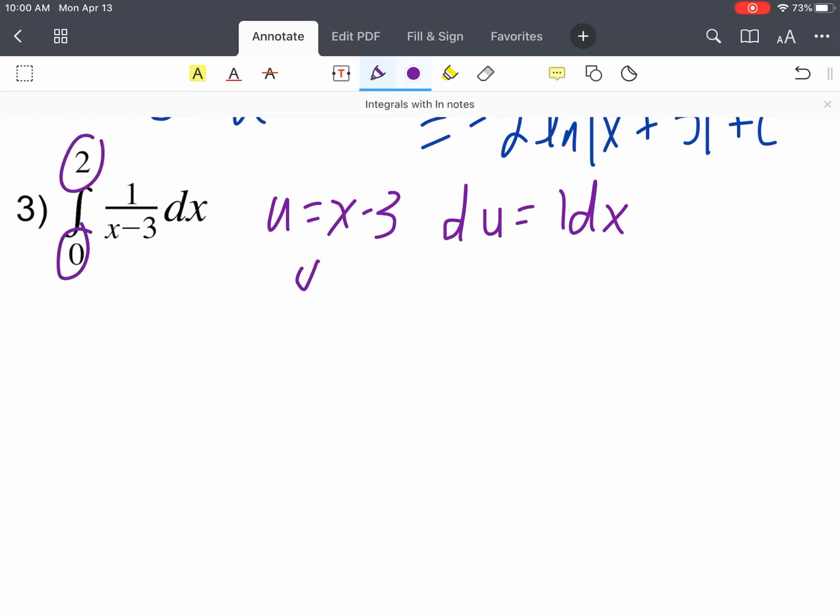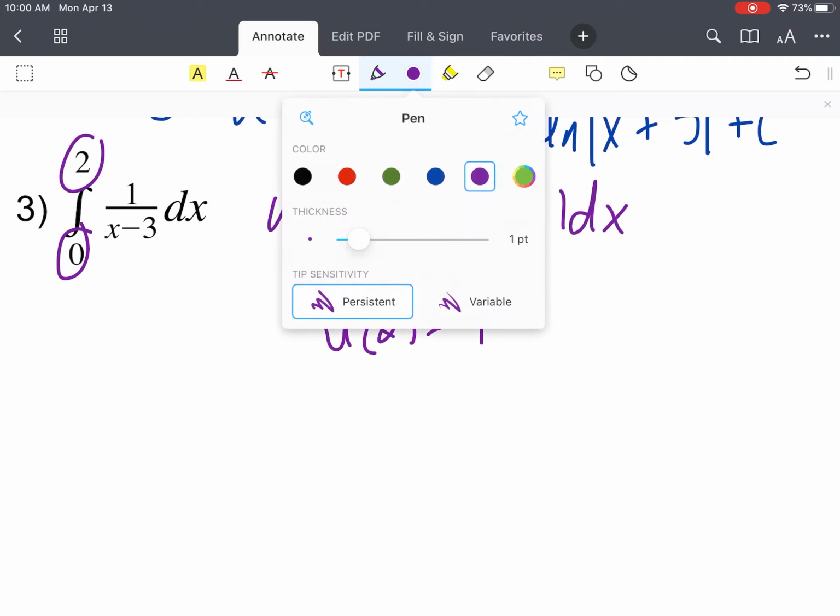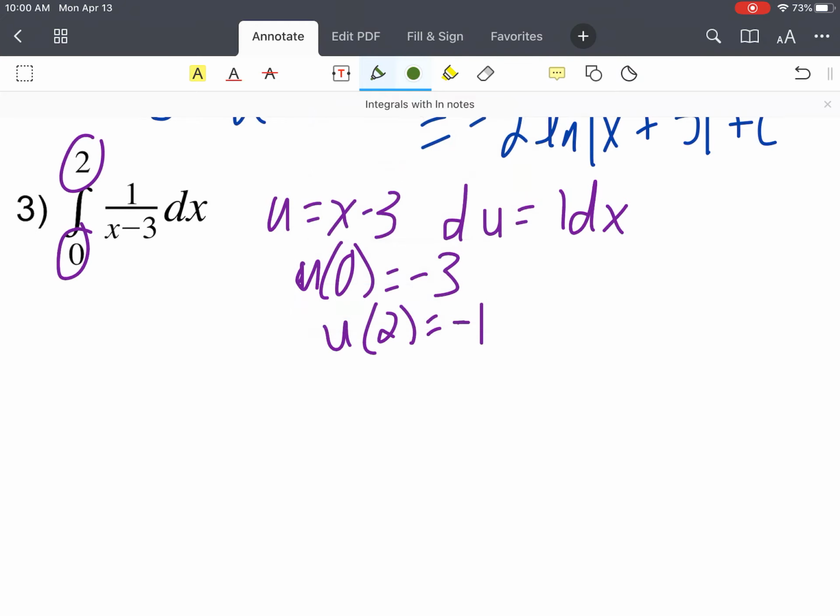We have our u and our du, but this one's a little bit different because it has these bounds. So remember what we do there is we plug them into our u. So u of 0 is negative 3, and u of 2 is negative 1. So this turns into the integral from negative 3 to negative 1 of 1 over u du.